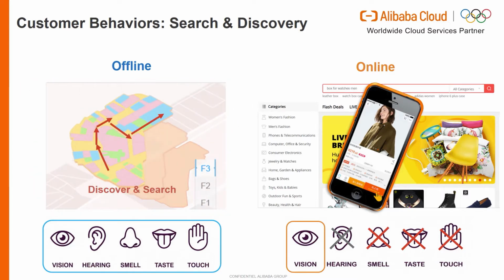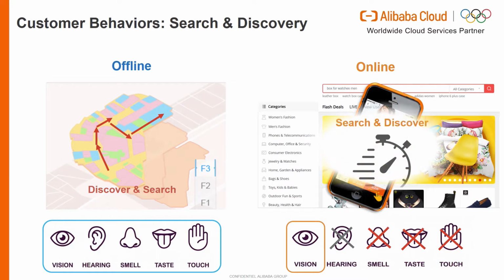It seems that our customers for offline, they are more tolerant and they can spend more time to try to understand the product and the service we're offering. But for online customers, the visual experience is quite quick and they cannot wait.